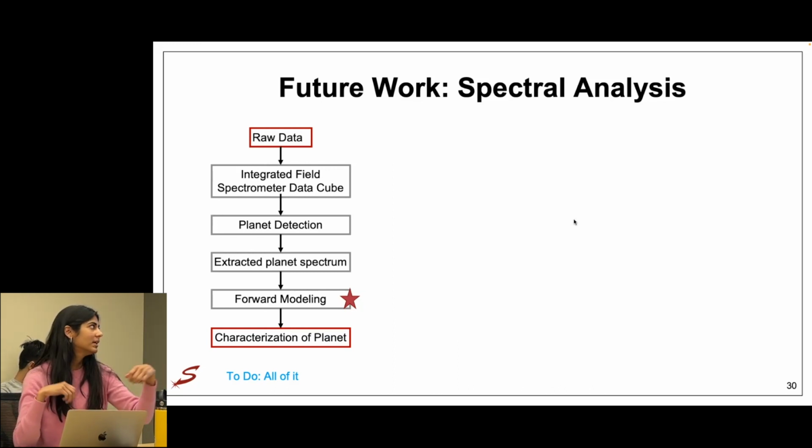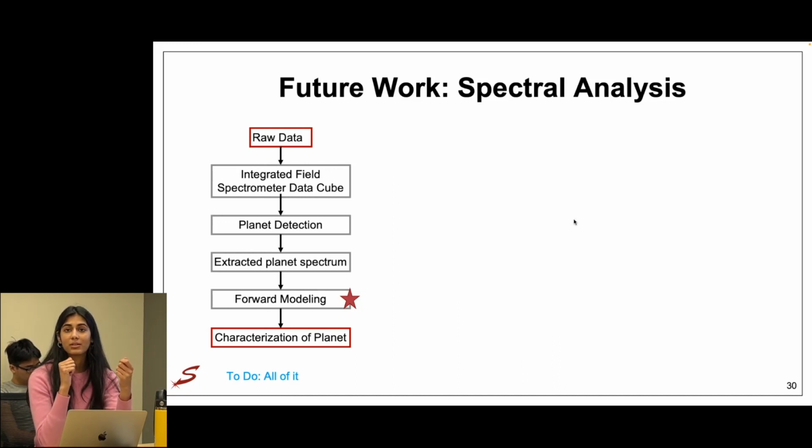spectra that you have. The most computationally expensive part of this is hopefully where we can introduce machine learning, which is once you have those spectra, they use forward modeling to determine the characteristics of those exoplanets, in the sense that they have thousands of models of exoplanet spectra that they essentially compare to the data that they have, and then the best fit is what they use to characterize the exoplanet.